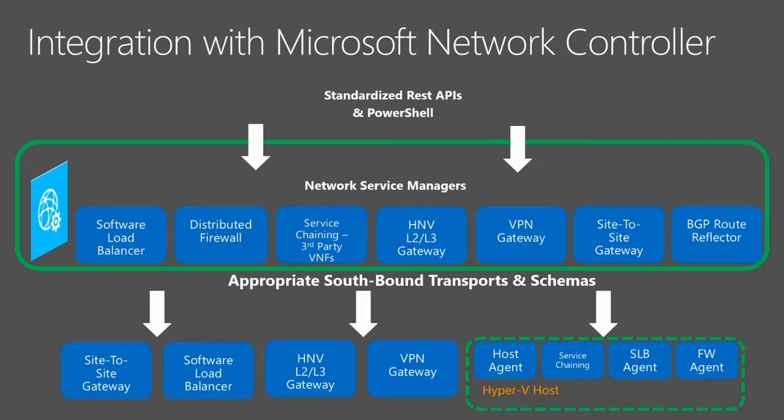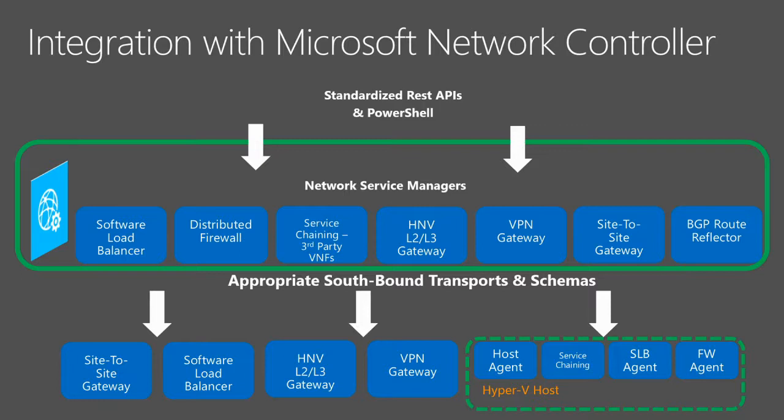So all the intelligence is part of the network managers. The way they do that is they directly configure the appliances underneath, and they use a variety of different interfaces. We have OMI, WMI, WCF. It depends on the kind of interface that the virtual appliance has.